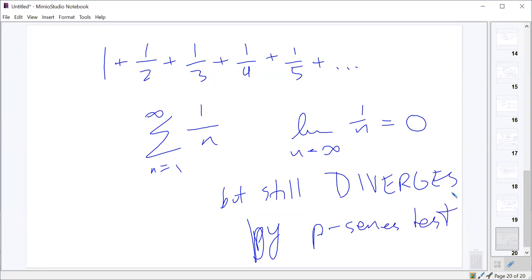Okay. So the nth term test does not indicate convergence, because if you tried to use it to indicate convergence, this would seem to show that it converges because it approaches 0, but that's not true. It does not guarantee that it converges. Everybody good with that on the nth term test for divergence? Because I've seen people on quizzes do that incorrectly and say that it comes out to be convergent by the nth term test.